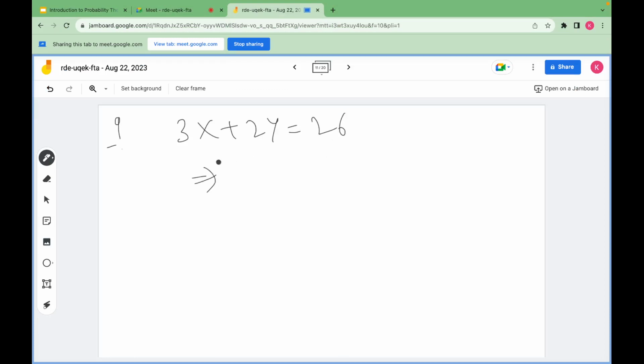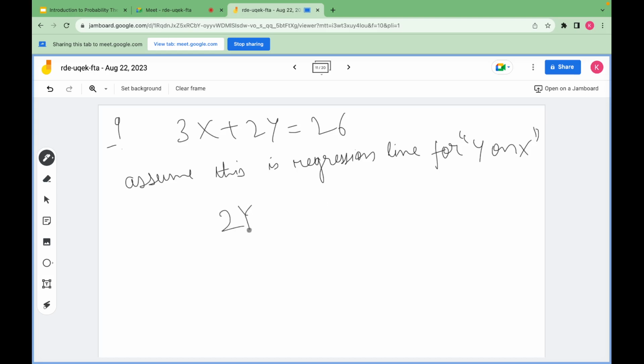From here, let's assume this is the regression line for y on x.